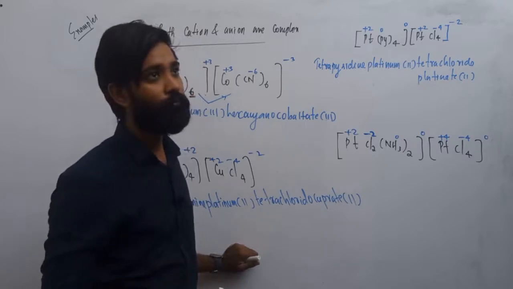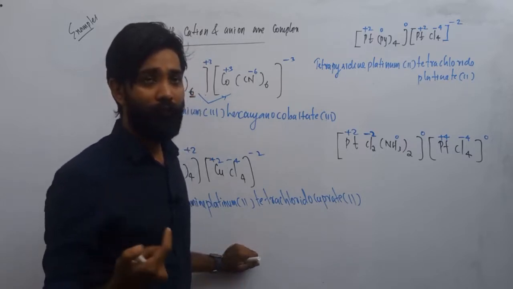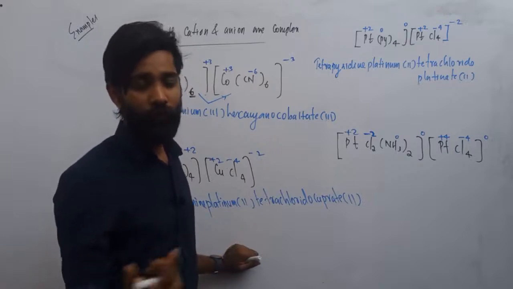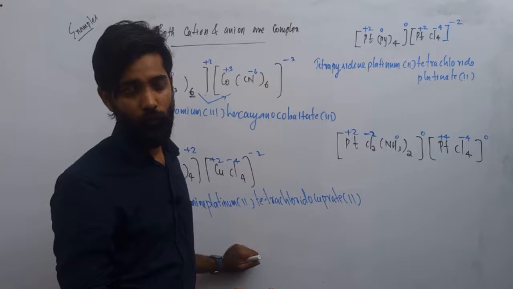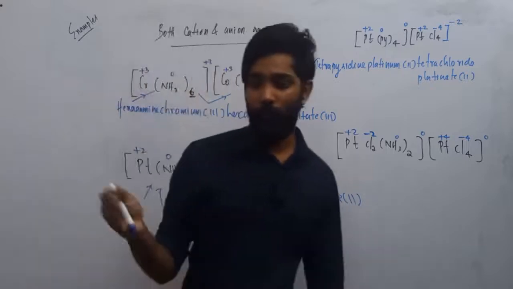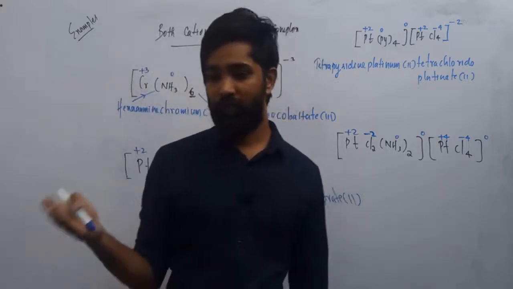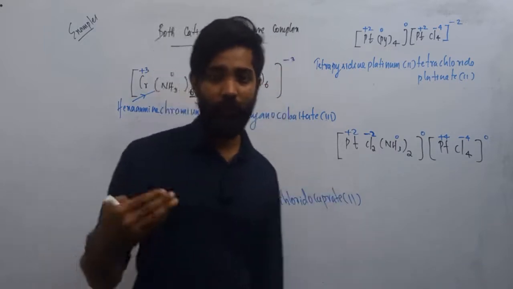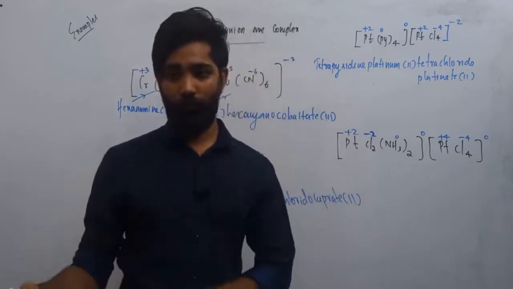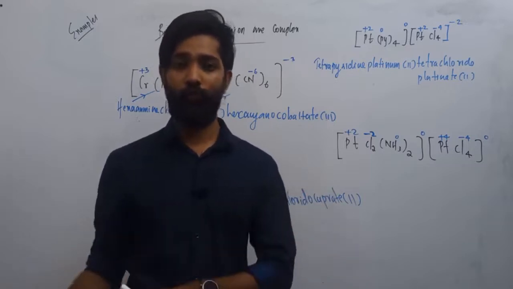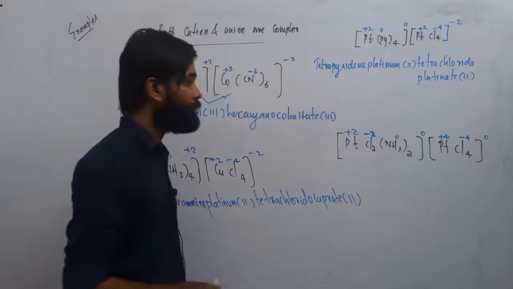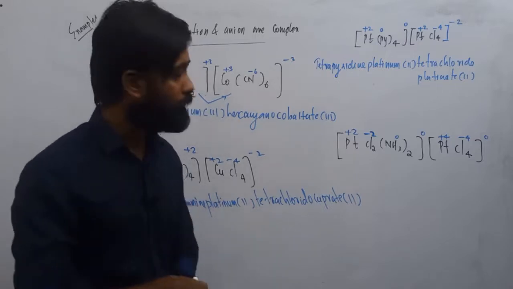Like that, if it is silver or gold, coordination number 2, then the charge will be +1. If it is copper, coordination number 4, charge +2, coordination number 6, charge +4. If it is platinum, nickel, palladium, coordination number 4, charge +2, coordination number 6, charge +3. Okay. So keep those points in mind.